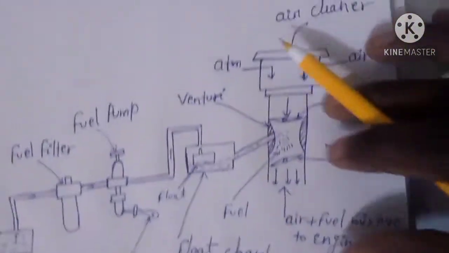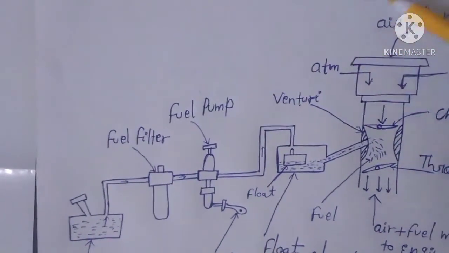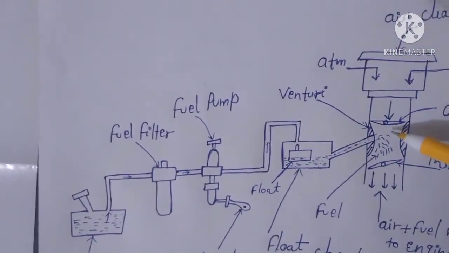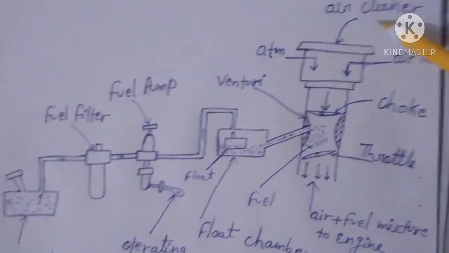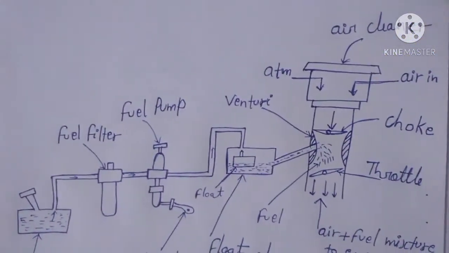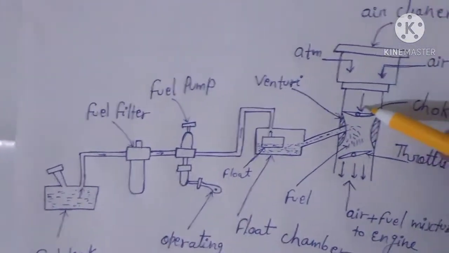And after entering the air, this is atmospheric air, after entering the air inside this carburetor, the air cleaner is used to clean the dust particles and many other particles are removed from the air, and then it goes inside.